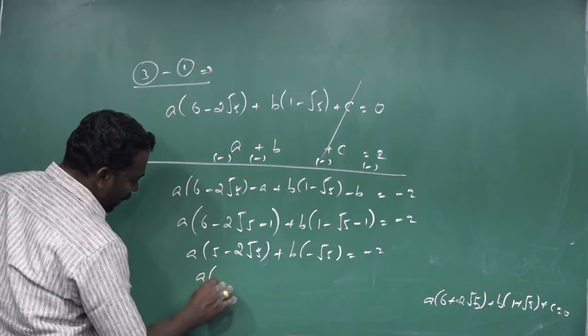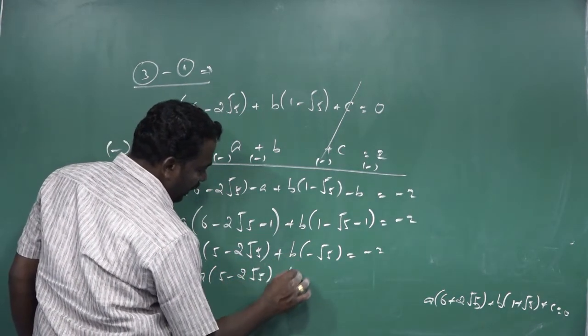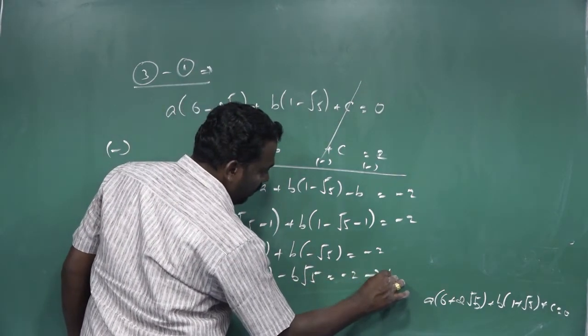Therefore a into (5 minus 2 into root 5) minus b into root 5 is equal to minus 2. We call this equation number 5.